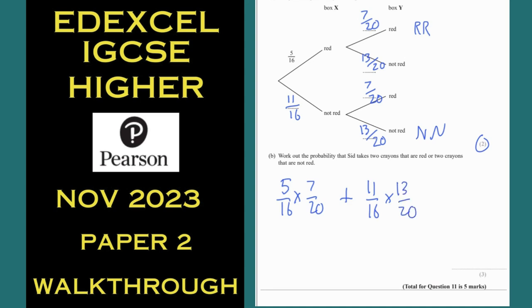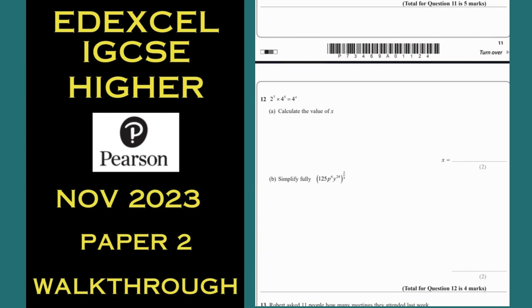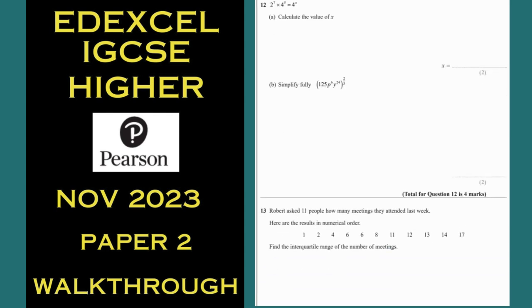Feel free to do it separately. I did it all in one go. 178 over 320. If you went for separate, my calc spat out the cancelled down version, 89/160ths.